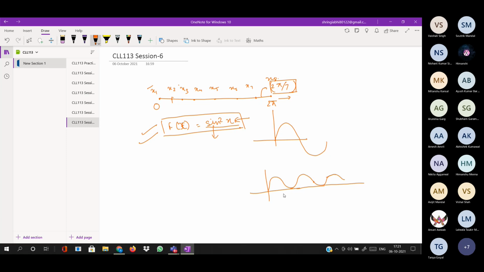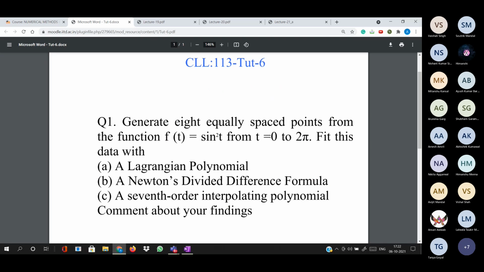But there may be some functions which we do not understand very well, and therefore we need the values at certain points, that we can calculate and fit into known functions. What are the best known functions? Polynomials. That's why we fit the curve into a polynomial, because a polynomial can fit almost any curve.